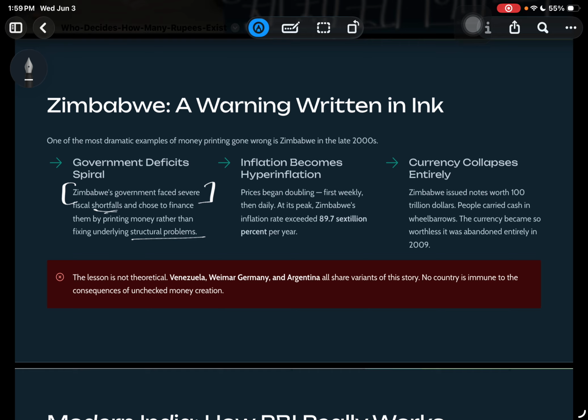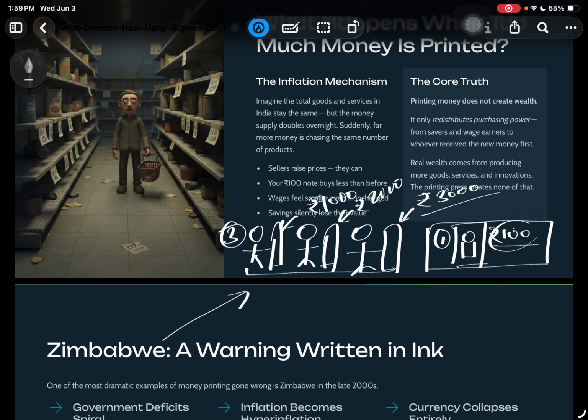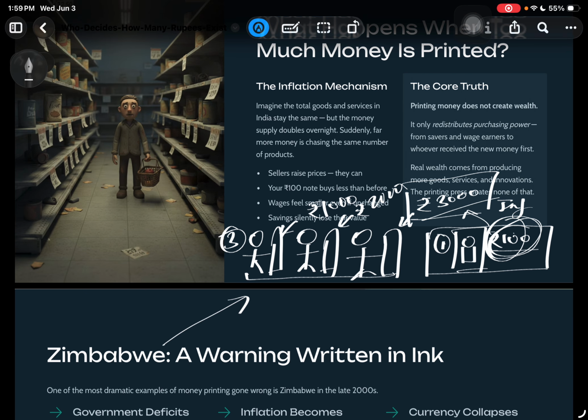They started to print money based on nothing. It was dependent on nothing. And when that happens, this example comes in. This 100 rupees bottle would be sold for 3,000 rupees. Right? This is basically inflation.